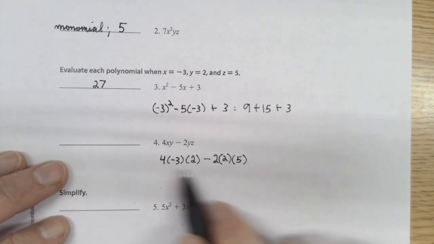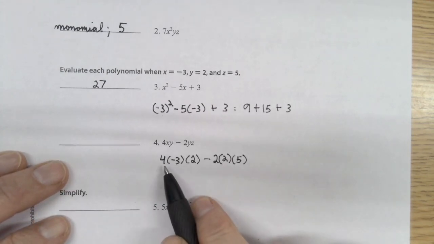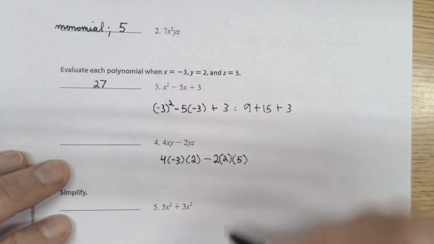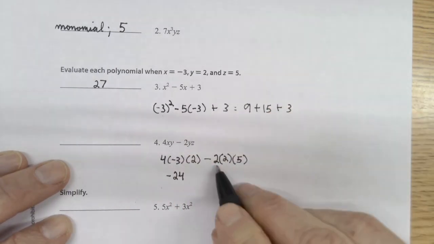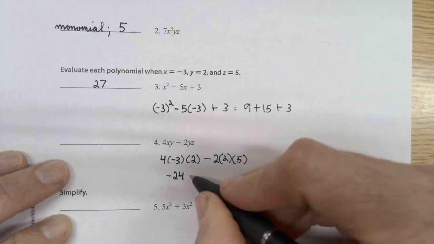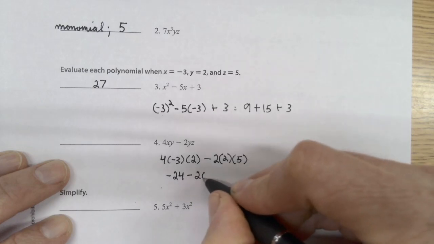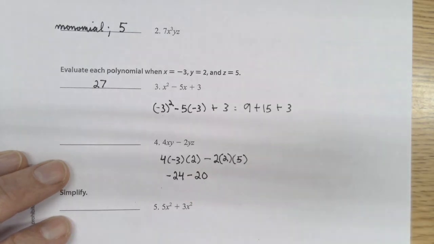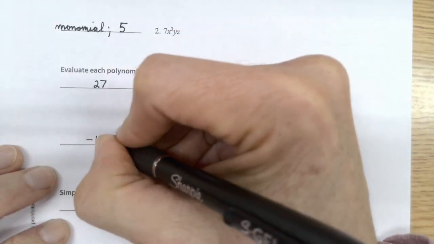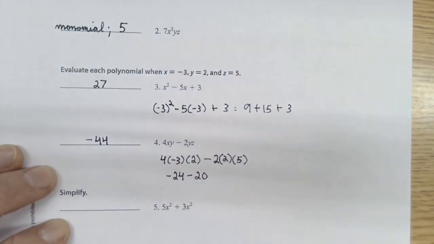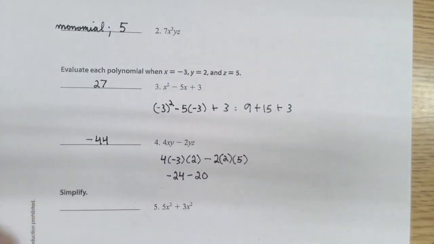We have to do the multiplying first. 4 times negative 3 times 2 is a negative 24. 2 times 2 times 5 is 20. And so we're going to get negative 24 minus 20, or negative 44. Remember, if the signs are the same, you just add them together, keep the sign.